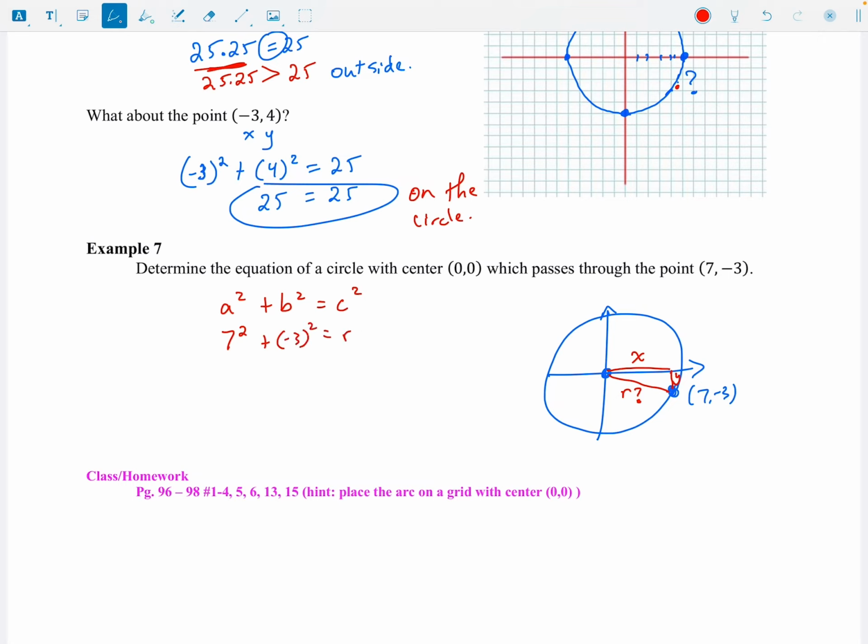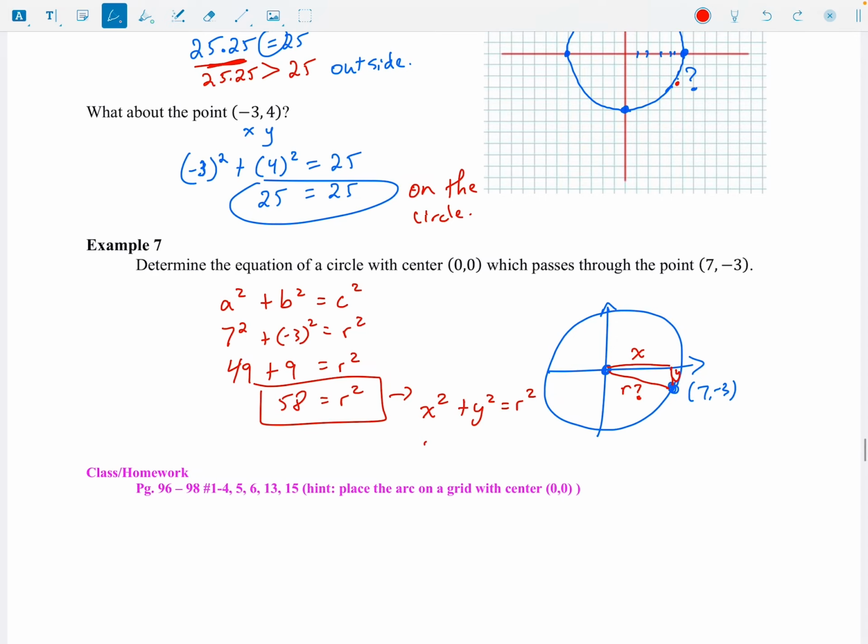And then c represents the radius of the circle. So we got 49 plus 9 equals r squared, and that's 58 equals r squared. Square root of that's going to be somewhere between 7 and 8, and that tells us that the equation is x squared plus y squared equals r squared. We're going to fill in our r squared value, which we know is 58, so it's x squared plus y squared equals 58.